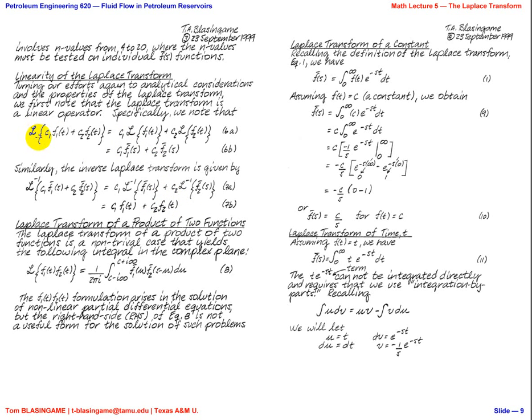This is in the case of the Laplace transform, and in the inverse Laplace transform, those properties are also applicable, right? So you can distribute the transformation and factorize the constants.